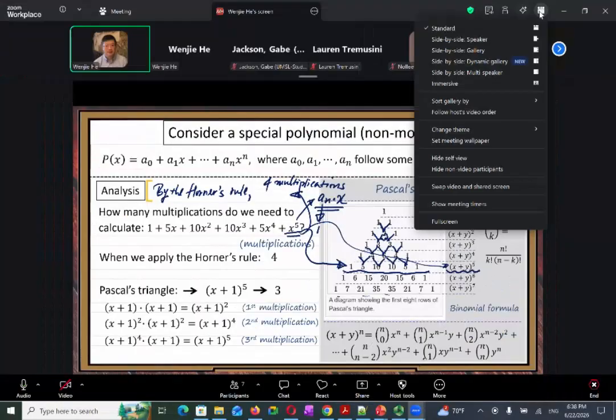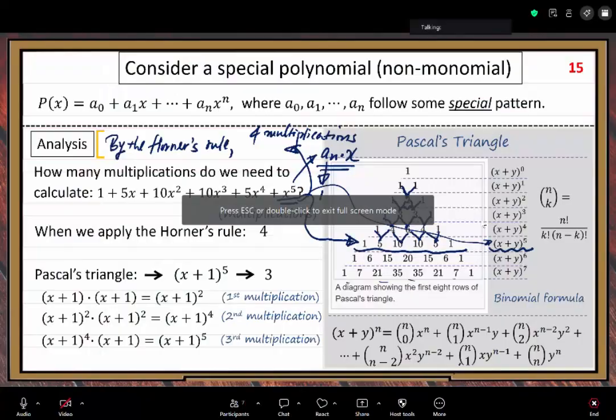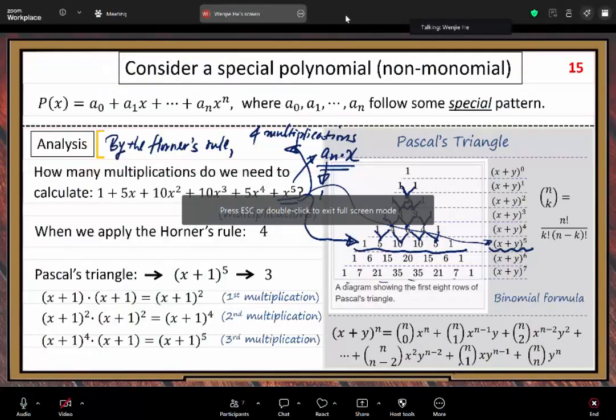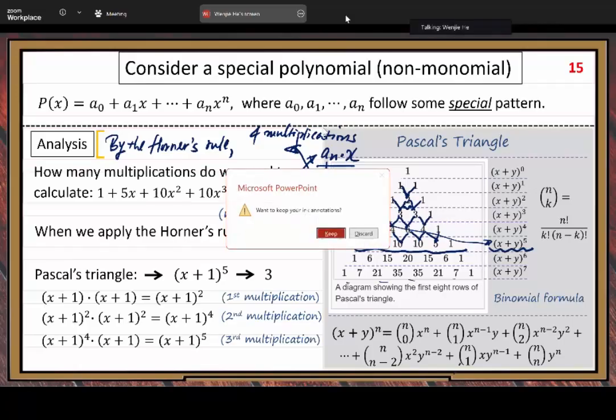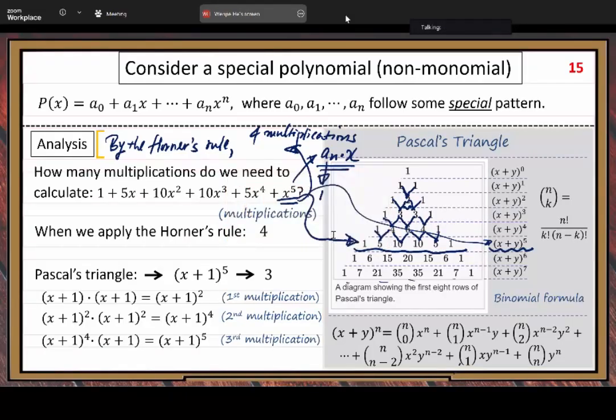I have a recording side and the presentation side. So I only need to change at the presentation side. The recording side, I never need to touch. So then we switch to part C.